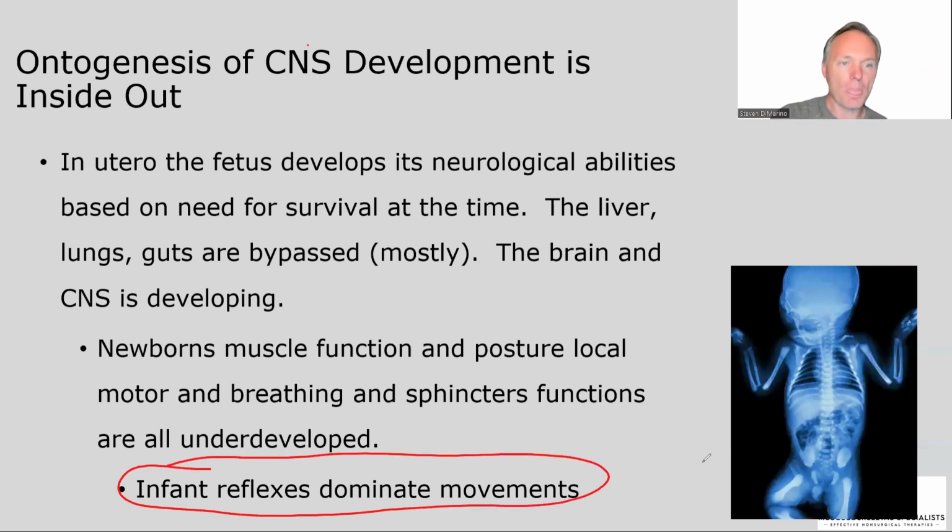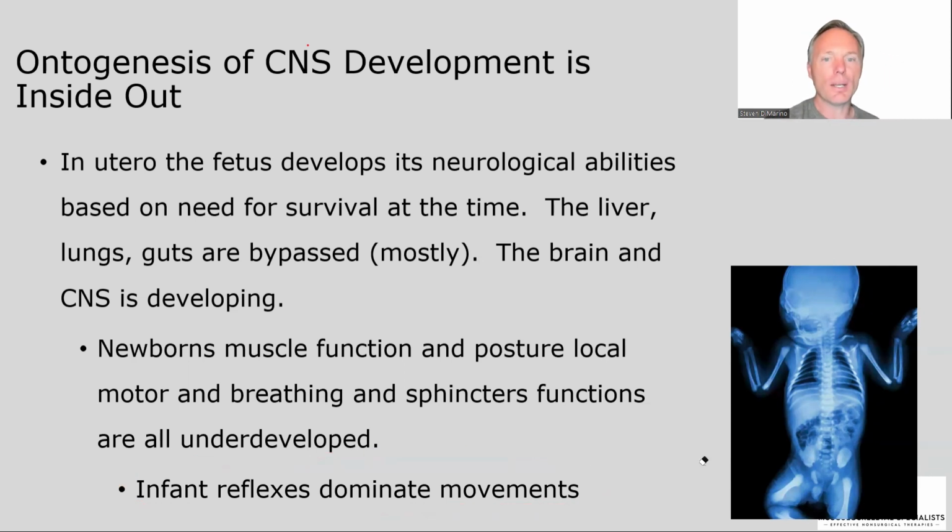I'm not going to get too much into this. But in utero, the neurological abilities of the baby are just based on survival. What comes online: lungs, liver, guts, heart's working, the brain and the central nervous system is developing. But the important thing we want to show you is it develops from the middle outward.